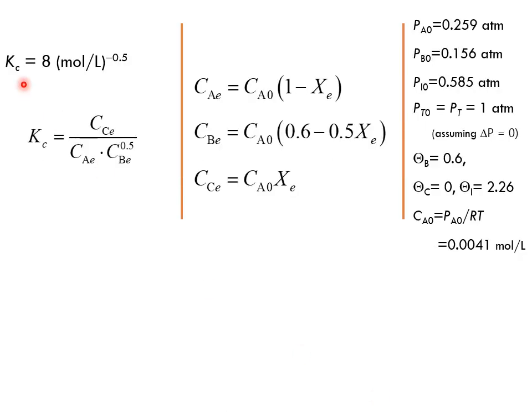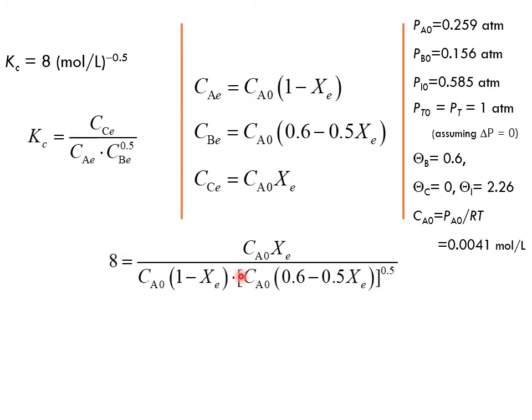Okay, so we have the value of Kc, it's given, and we have found all the equations for the concentrations. So let's substitute. Here is the value of Kc, and this is the equation for the concentration of C, this is the equation for the concentration of A, and this is the equation for the concentration of B, all at equilibrium.